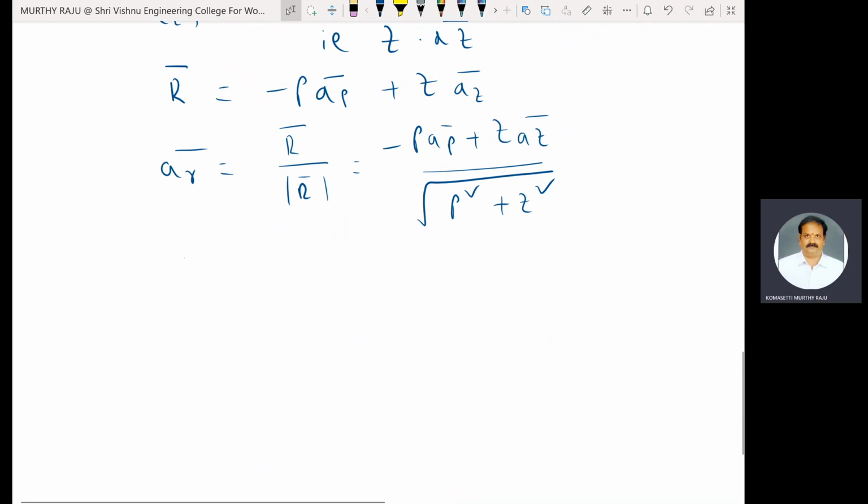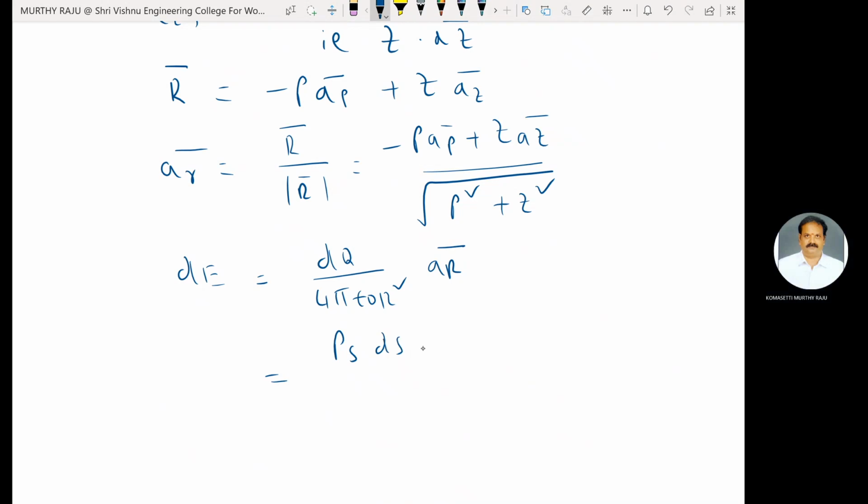Therefore, the electric field intensity formula is, we know, dq by 4 pi epsilon 0 r square a r bar, where dq is rho s into ds.